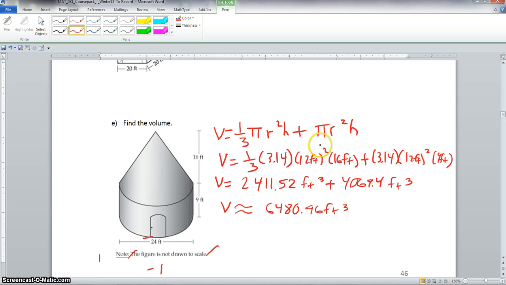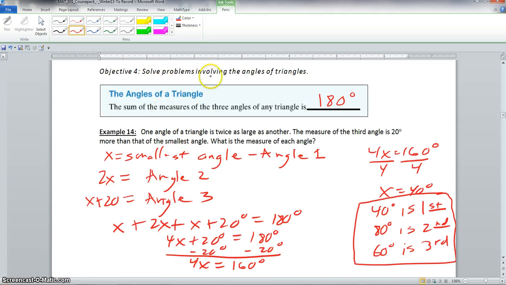The radius is 12, and then the height here is 9 for the cylinder. So we multiply this out, and it gives us 4,069.4 cubic feet. And we add these together, and our total would be 6,480.96 cubic feet.